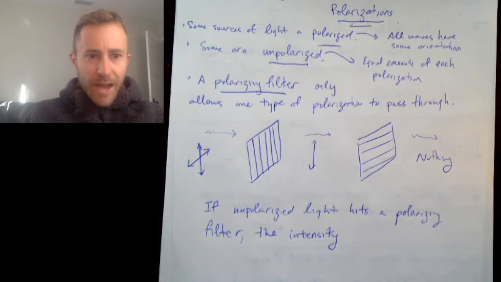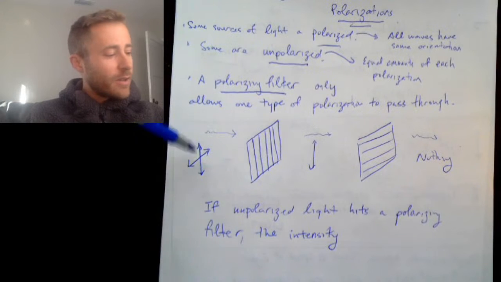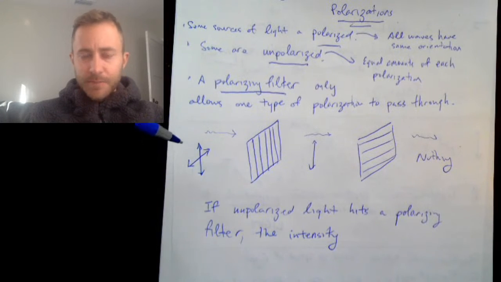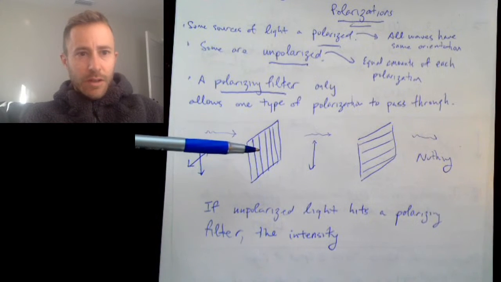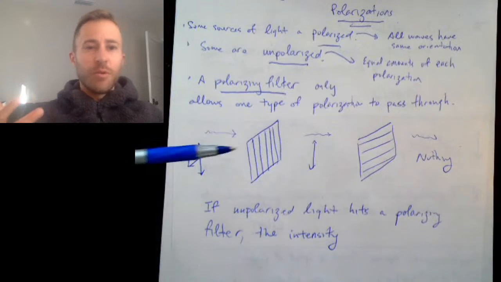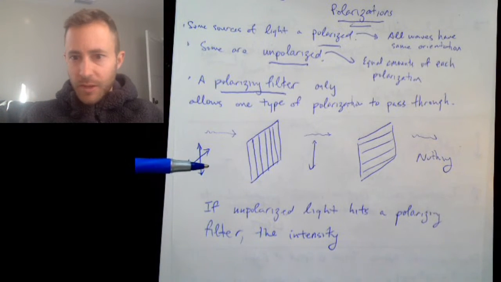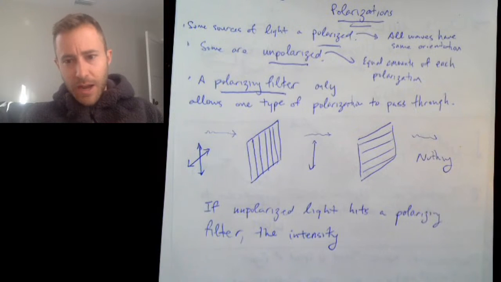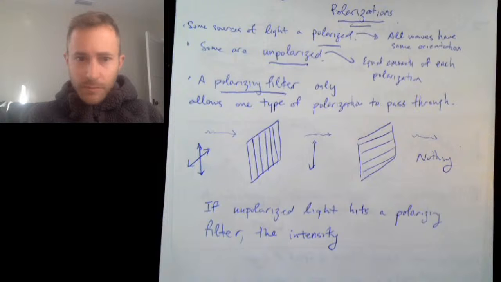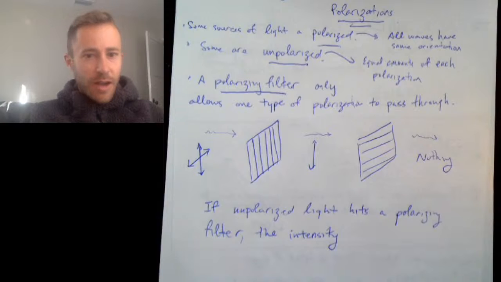What do you think is going to happen to the intensity of the wave? Okay, if you think about this, unpolarized light has an equal amount of up, down, and side to side. It hits a polarizing filter. So what percentage of the waves are going to be removed? So what do you think that's going to do to the intensity? Type it in the chat if you have a guess. It is going to decrease, but can you say how it's going to decrease? Yeah. So the intensity is going to get cut in half.